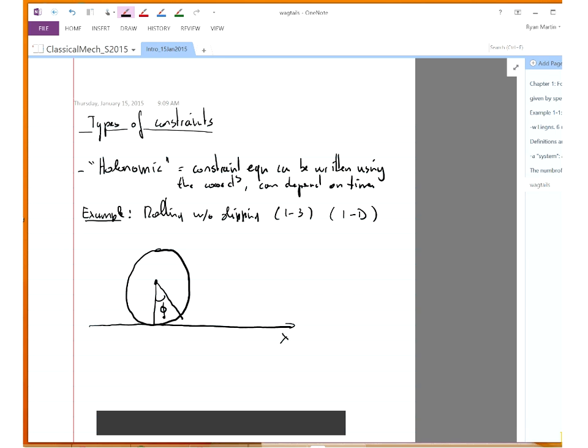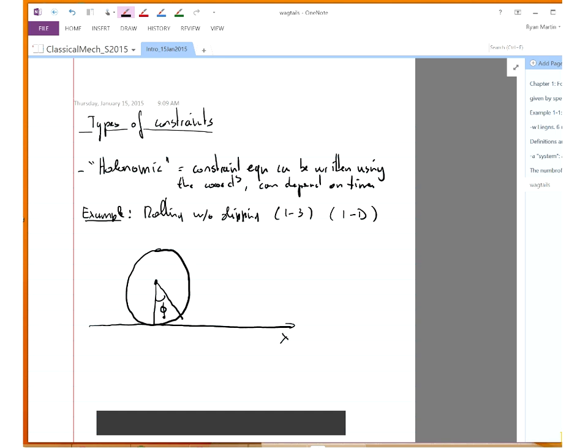So you would think there are two coordinates that need to be specified. But in rolling without slipping, x is related to phi, because if you know where it is, you know how much it's rolled, so you know how many revolutions it's done. The two are constrained, so there's really only one degree of freedom; you can choose phi or x.